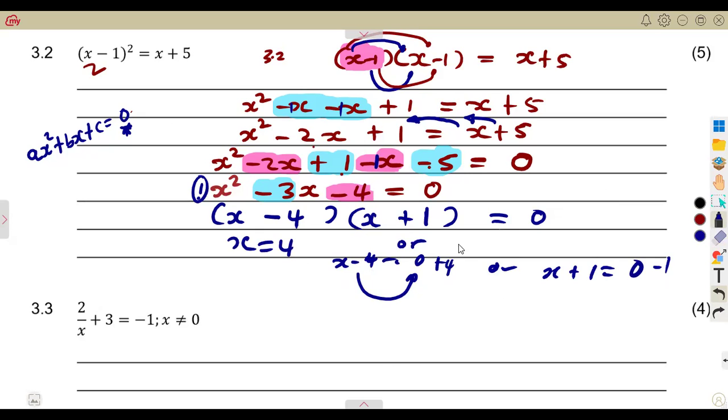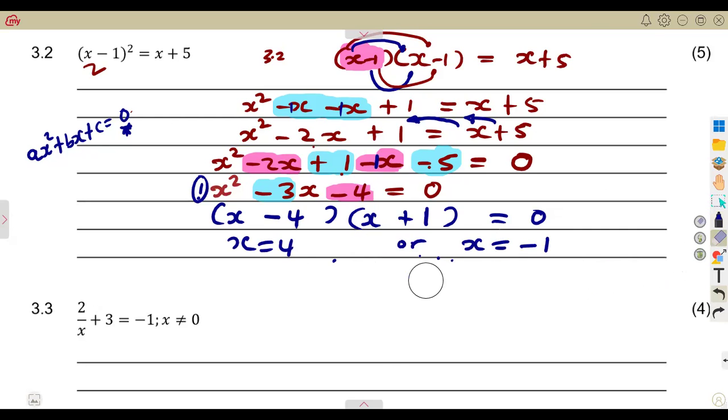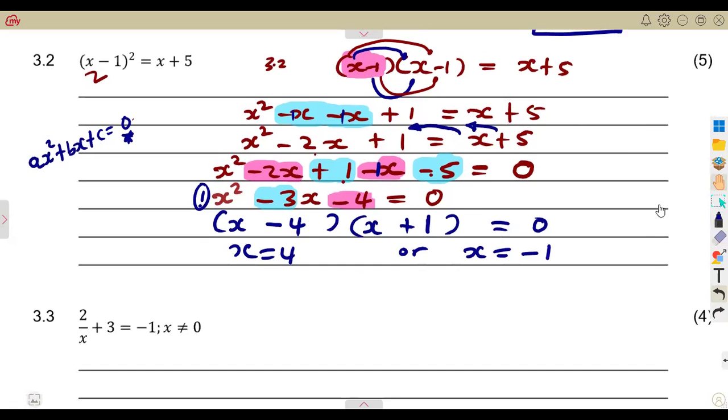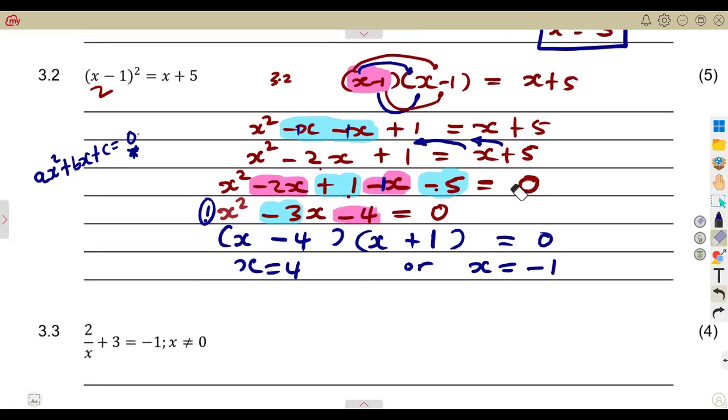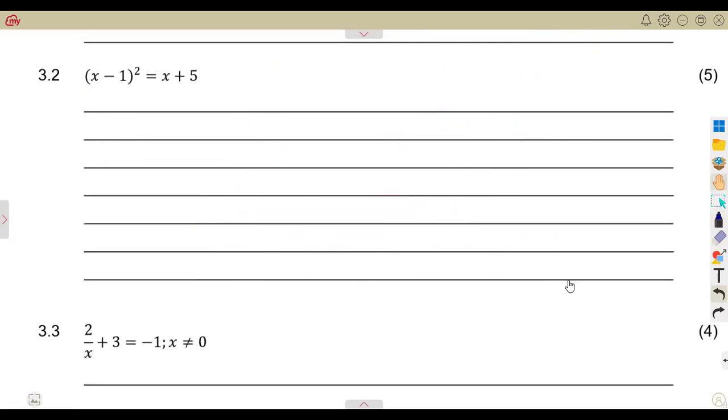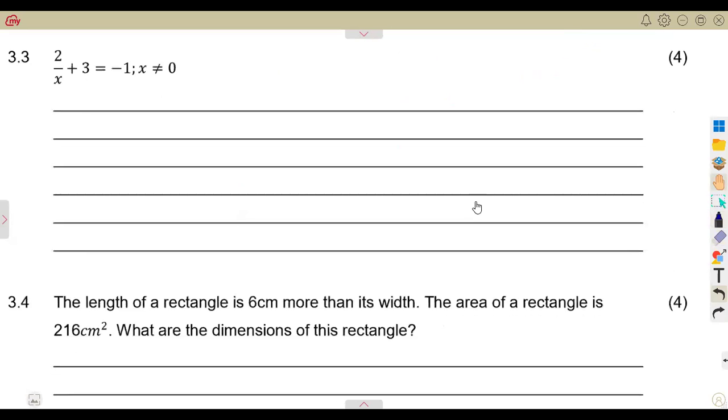So it's 0 minus 1, meaning x was going to be a minus 1. So you can actually solve it that way at the end. One of these brackets must be equal to a 0. So that is what they wanted. Expand the brackets. After expanding the bracket, form a normal quadratic equation that you are used to, then solve it by factorization method.